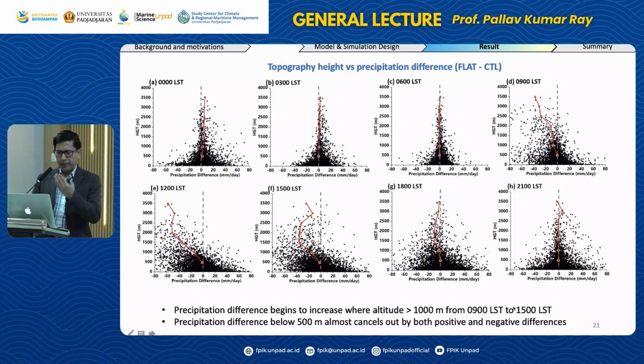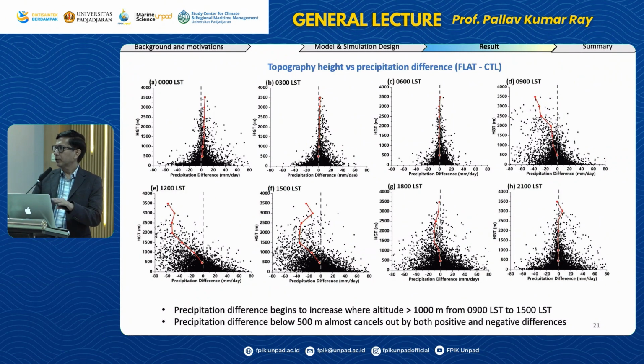So to summarize this figure, precipitation difference begins to increase where altitude is greater than 1,000 meters. If you look at those red lines, close to the surface there is not much influence of the topography, meaning that over the flatlands there is very little influence.